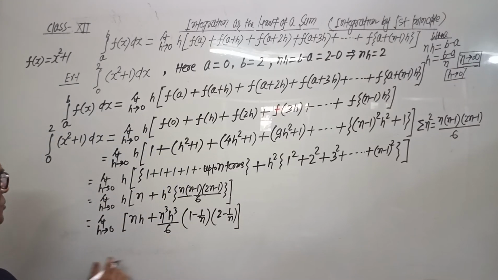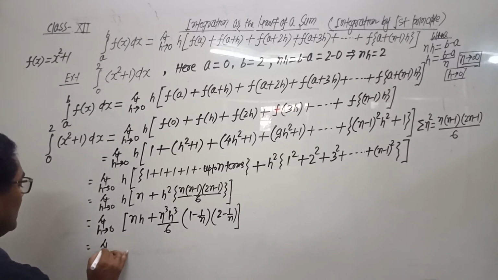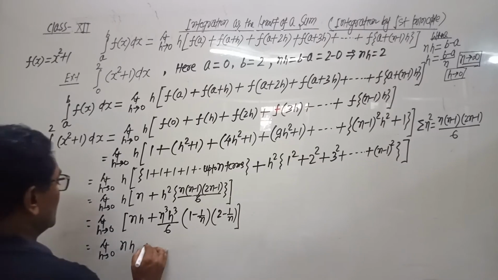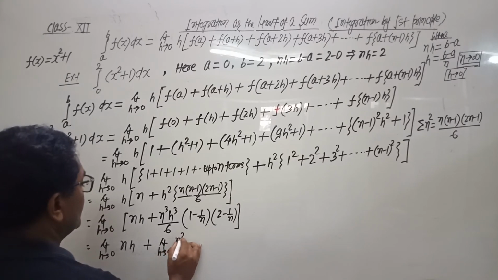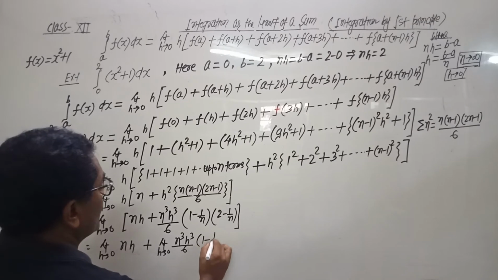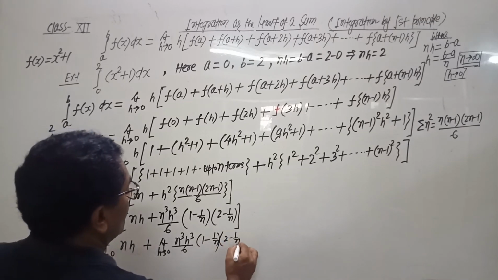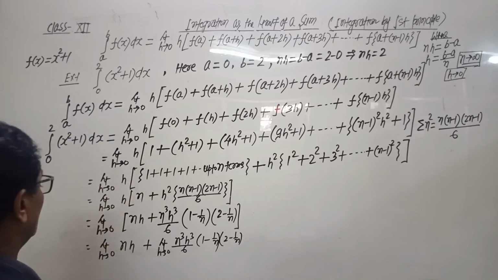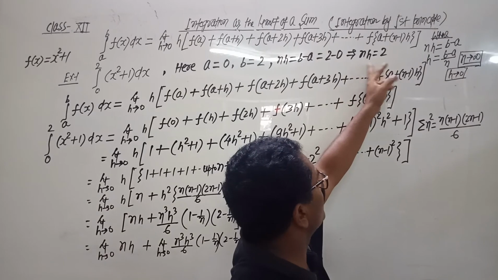Now we separate both the terms and write it this way: limit h tends to 0, n into h, plus limit h tends to 0, n cube h cube upon 6, into 1 minus 1 by n, and 2 minus 1 by n. Then we put the value of nh. The value of nh is 2.